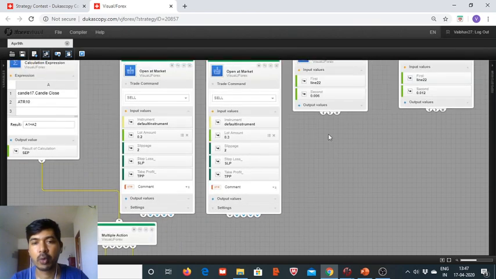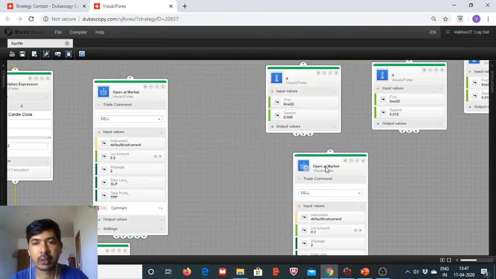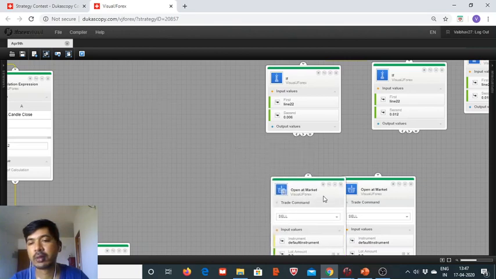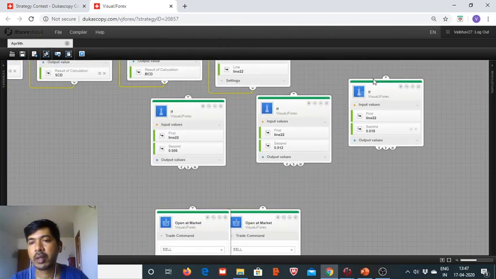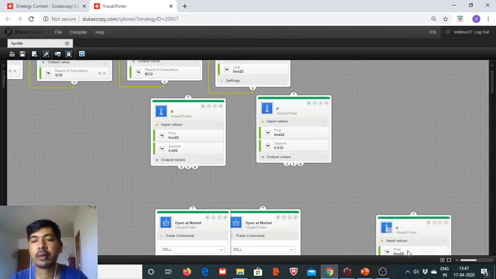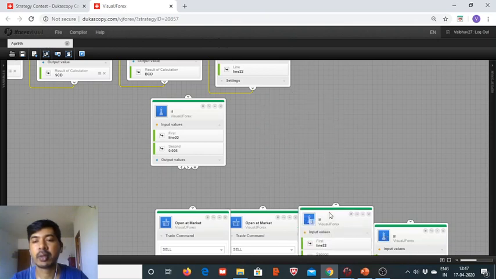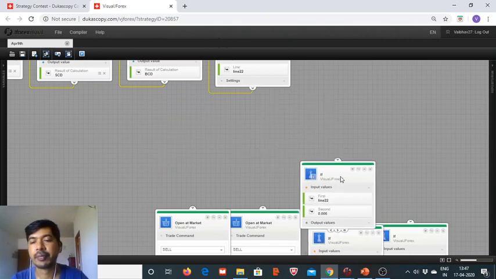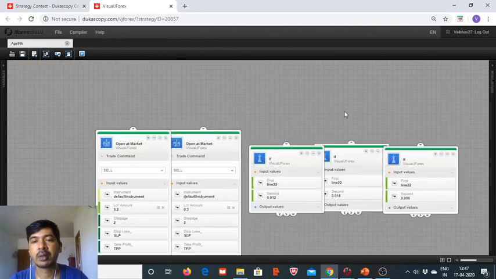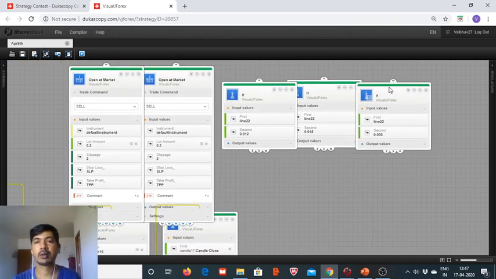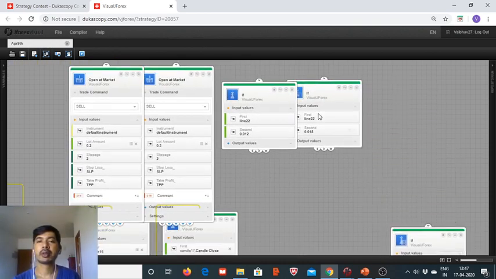Now it's time to go back and add this lot size change to the algorithm. Then we will add the same setup for the buy side as well. This is for the sell side.